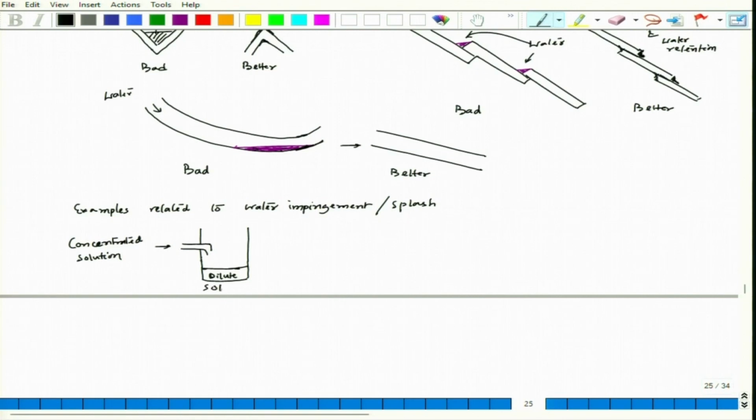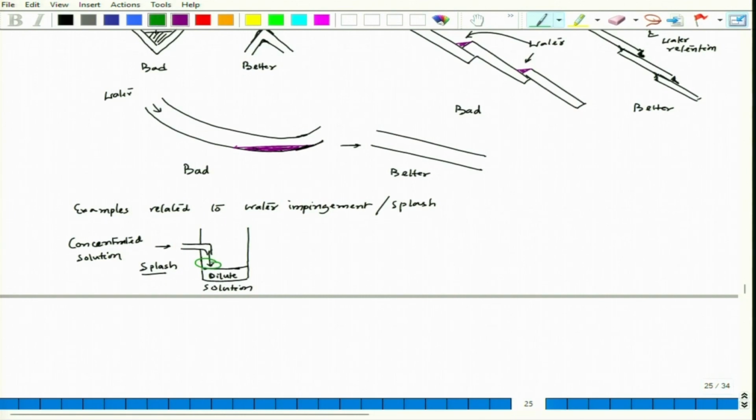And this is dilute solution. So this is coming, and there could be impingement on top of it, and that could lead to splash. So this is a splash zone, around this zone is a splash zone, fine.